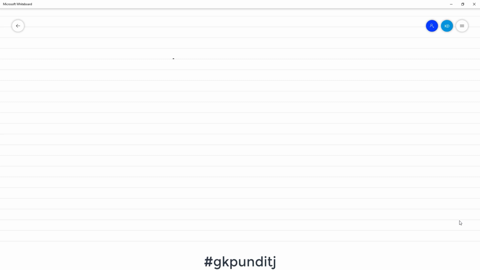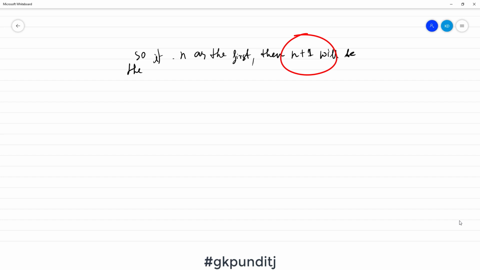So if we have n as the first integer, then n plus 1 will be the second integer.